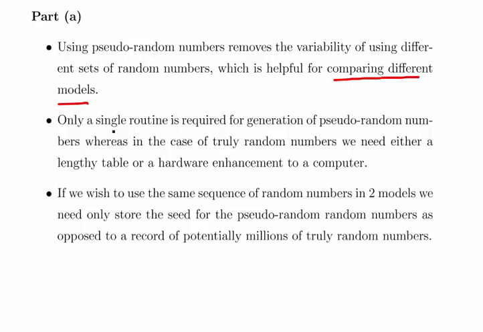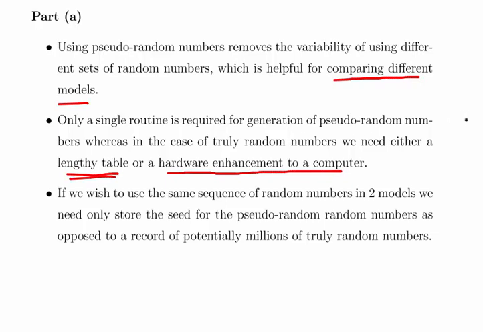Only a single routine is required for the generation of pseudo-random numbers, whereas in the case of truly random numbers, we need either a lengthy table, the big book I was talking about, or hardware enhancement to a computer, which is like how these tables were generated historically.